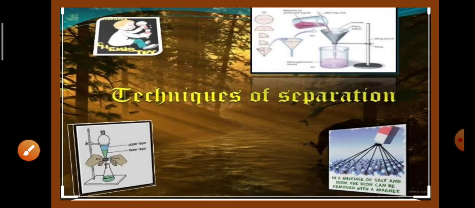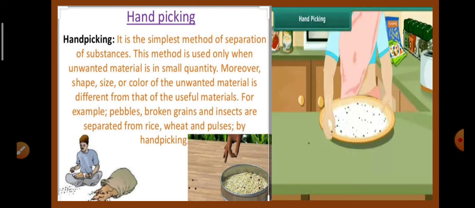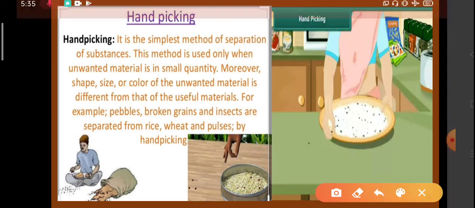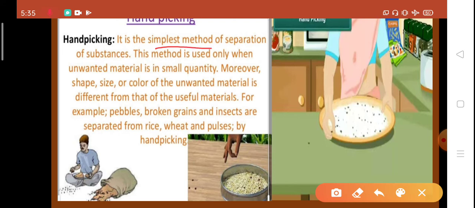Now let's see what are the techniques of separation. First one is hand picking. It is the simplest method of separation of substances. This method is used only when the unwanted material is in small quantity.